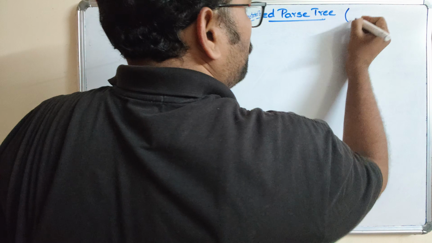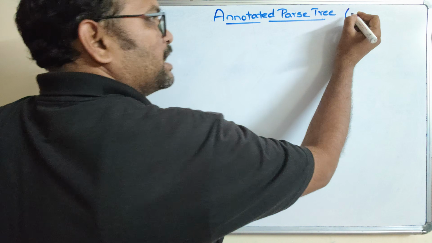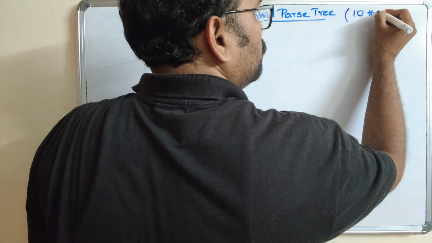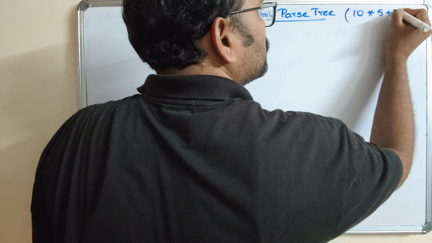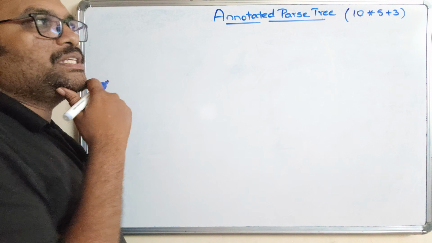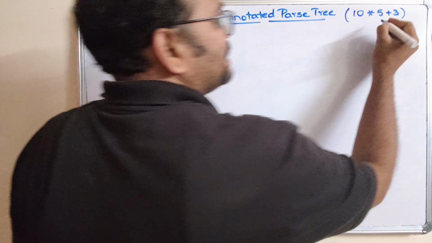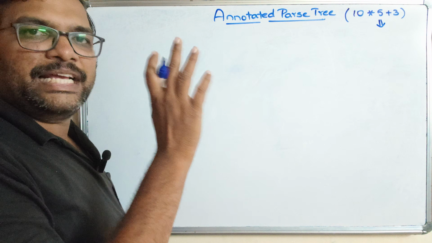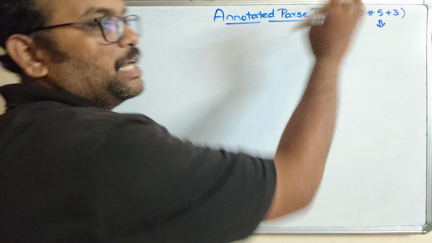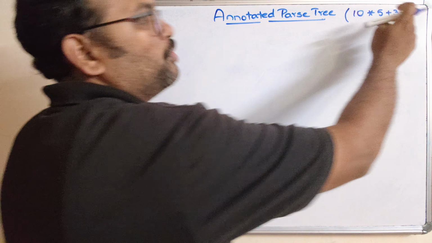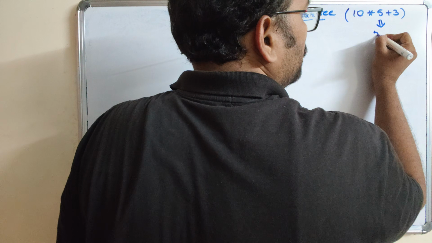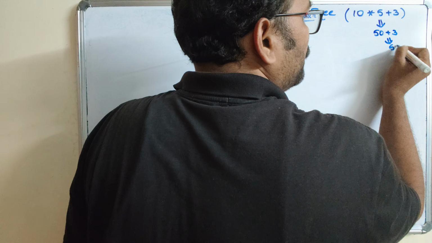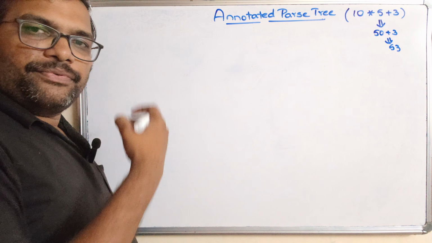Let us take an example: annotated parse tree generation for 10 * 5 + 3. We know the evaluation of this one. The multiplication will be done first, because multiplication has higher precedence among the star and plus. So 50 plus 3 gives the result 53.